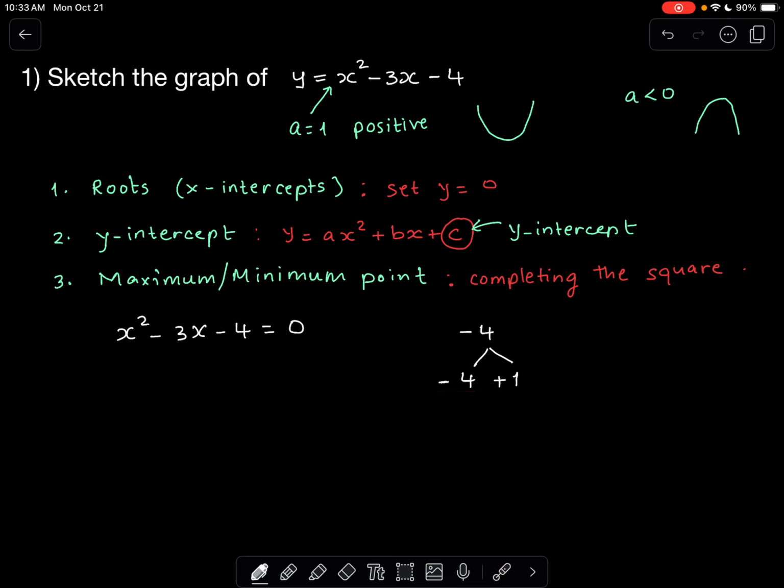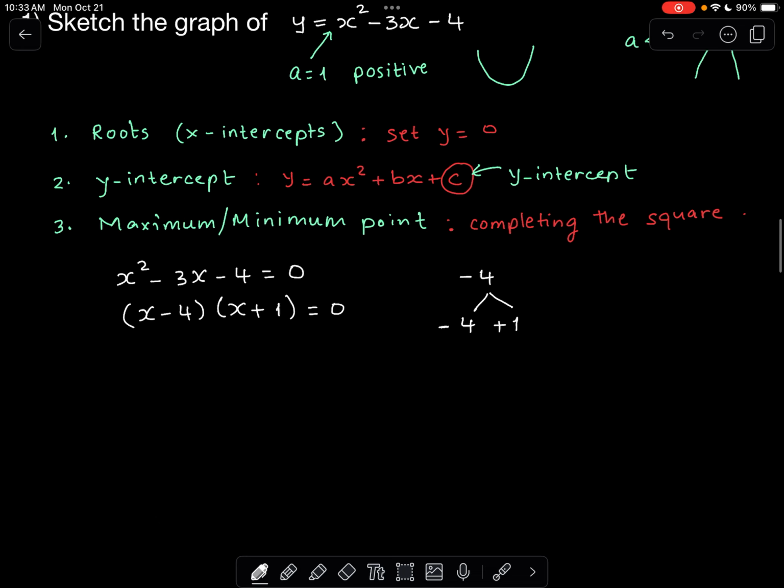So the factors over here would be x minus 4 and x plus 1 equal to 0. Setting each bracket to 0, we get x is equal to 4 and x equal to -1.